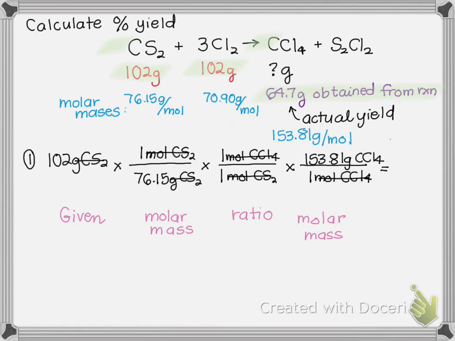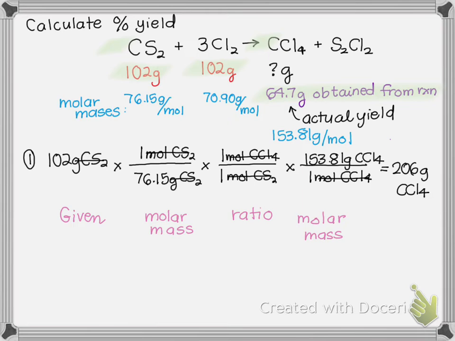So it's 102 divided by 76.15. Then it's times 1 divided by 1 in the ratio, so that's not really changing it. And then times 153.81. But I put 156. Let me change it. 153.81. And I get to 3 significant figures, 206 grams. And this is carbon tetrachloride.